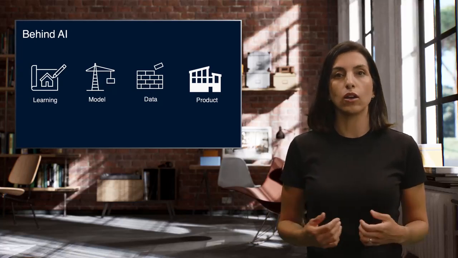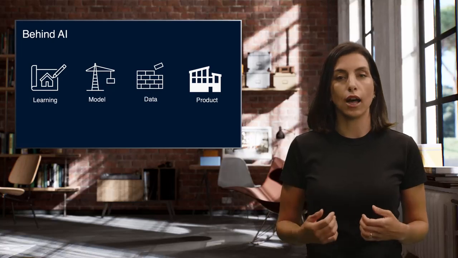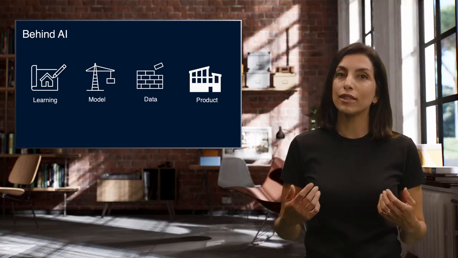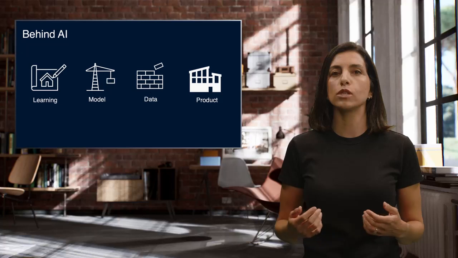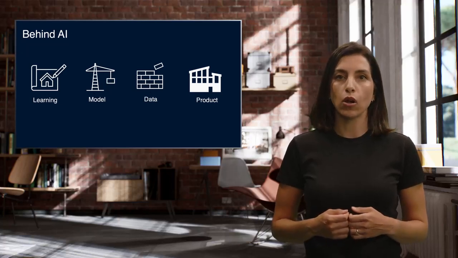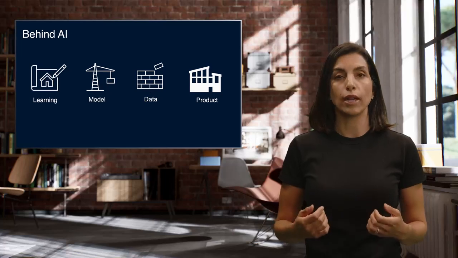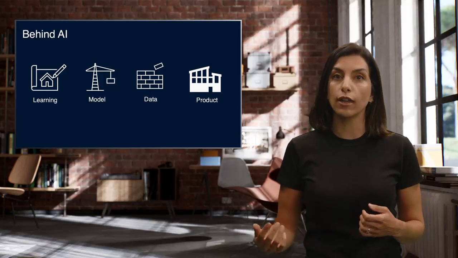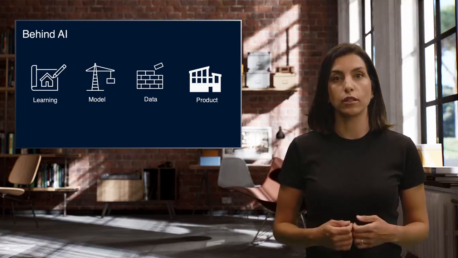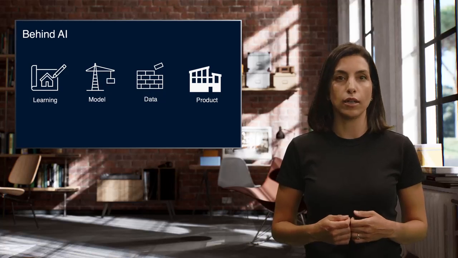In our AI context, that is the learning algorithm. This is how we teach the model to interact with data. As you see, there are three main building blocks that we need to create AI. This package and how the blocks work together is machine learning, the science behind AI.